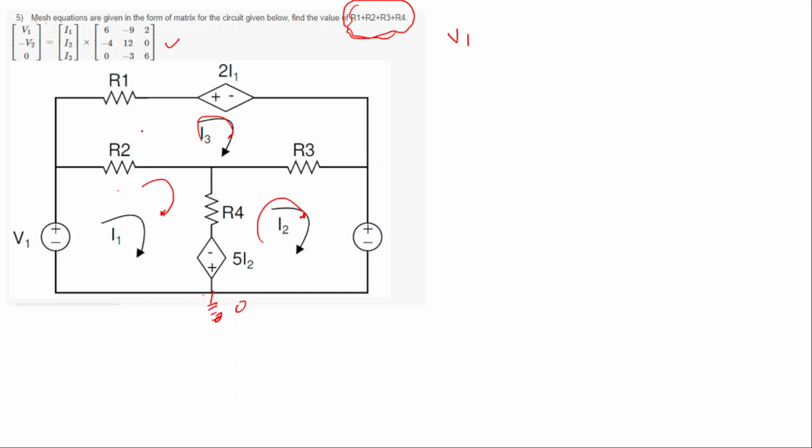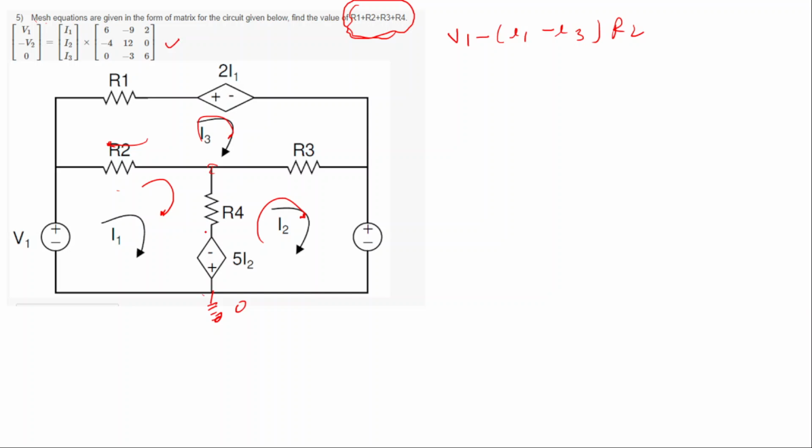Now I3 is forced in this direction in this resistor, and I1 is forcing in this direction. So V1 minus I1 minus I3 times R2, minus, now we reached at this point, so now we will go in this direction.